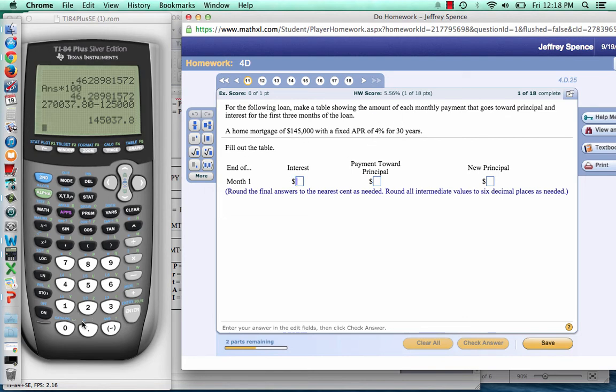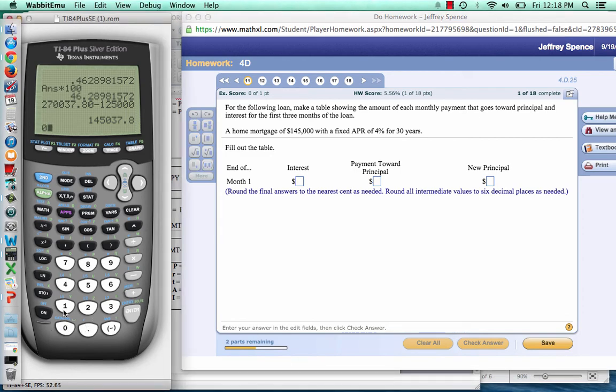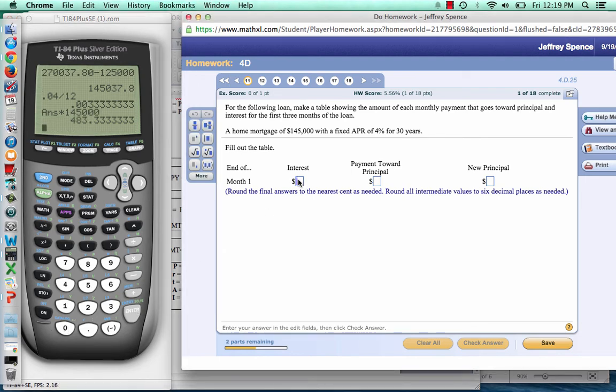So we take .04 divided by 12, since we have 12 monthly payments, and multiply that by the $145,000 that we owe. This will be our interest owed for the first payment. So this is $483.33 that we have to pay in interest on our first payment. But we have to figure out the monthly payment as well.